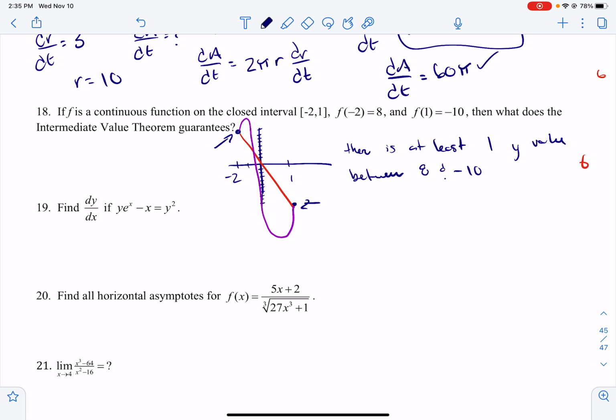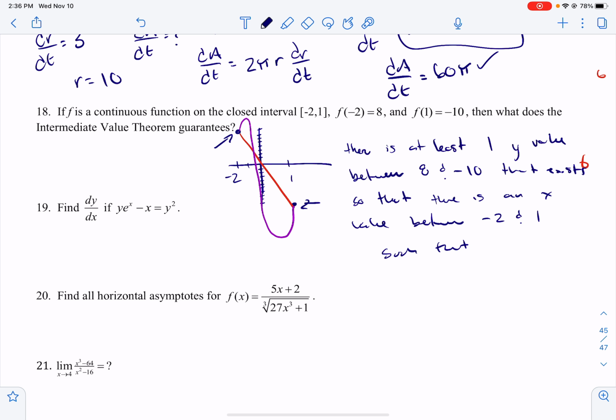There is at least one y value between 8 and -10 that exists so that there is an x value between -2 and 1 such that f of that x value equals my y value, my h.